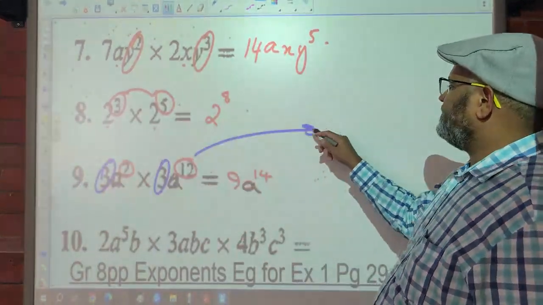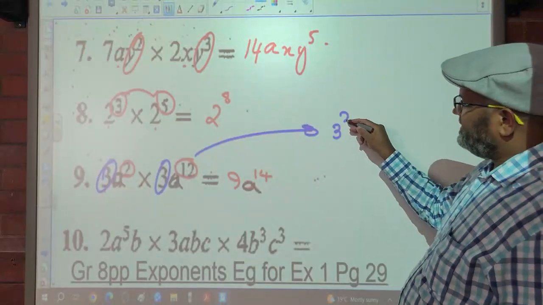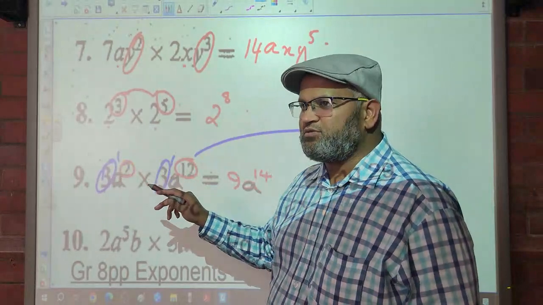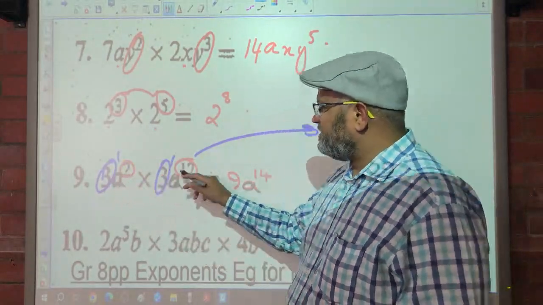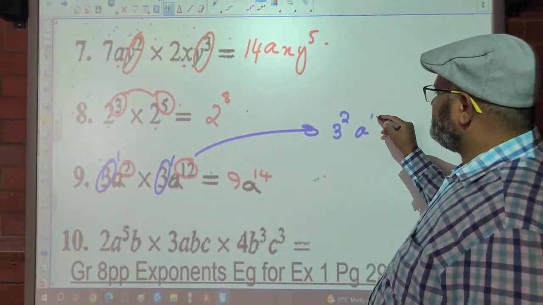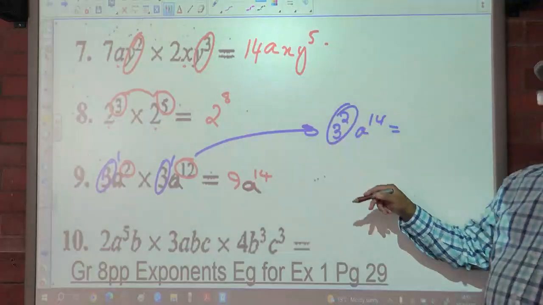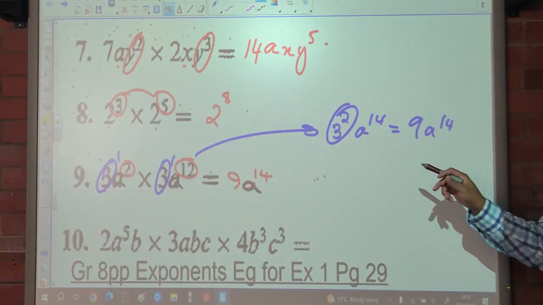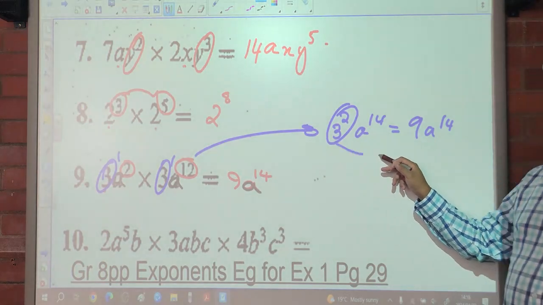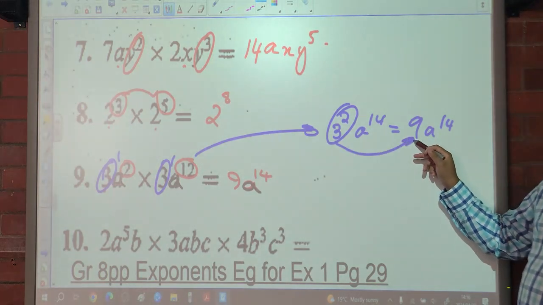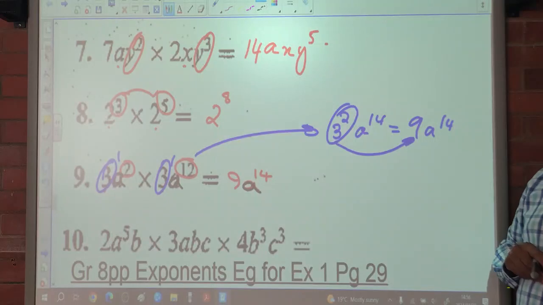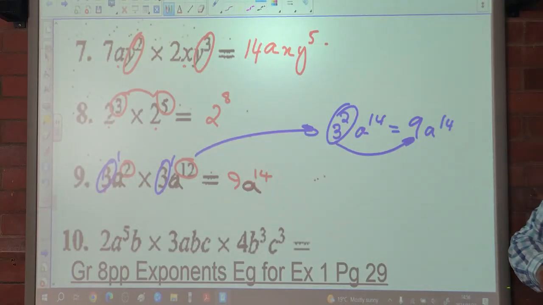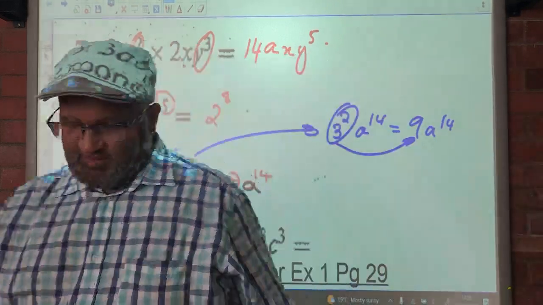If you're going to go with 3 squared, because when bases are the same and I multiply, add the exponents. That's what you're trying to say. So that's going to give you 3 squared, a to the 14. And what is 3 squared? 9a to the 14. The simpler form for 3 squared is 9, so you have to go into that and simplify. You understand, Michael? Okay.